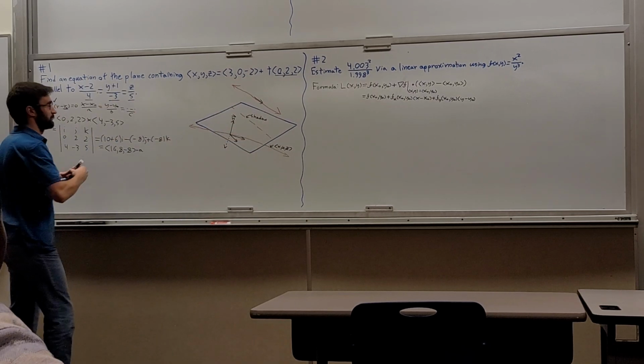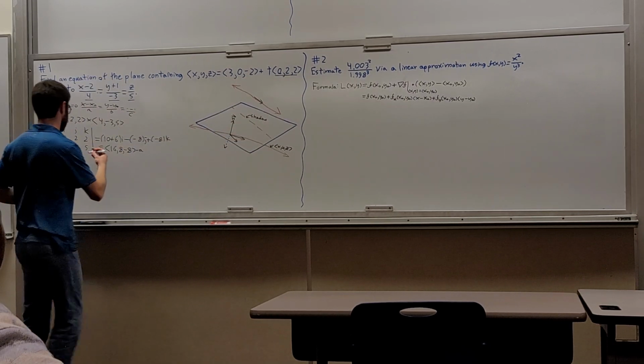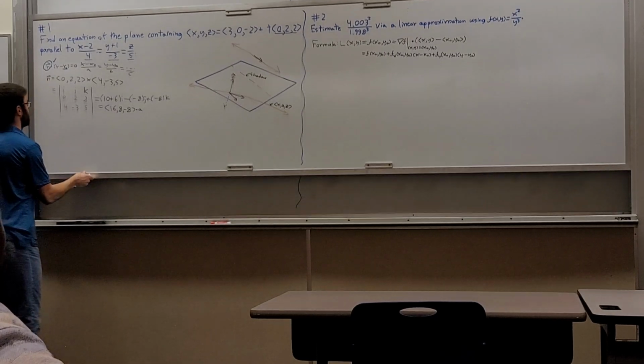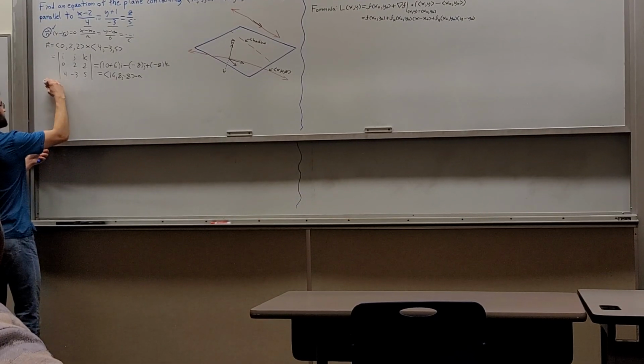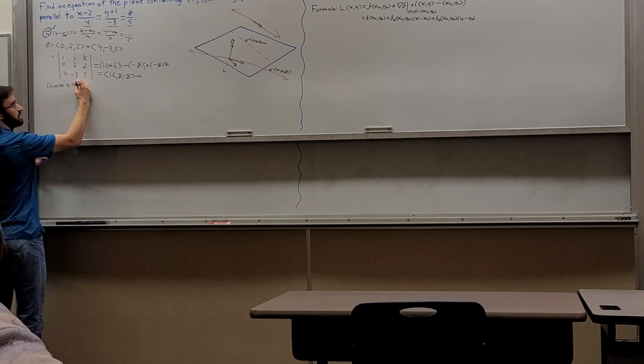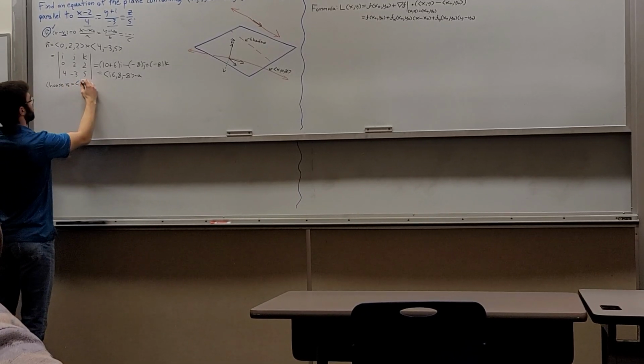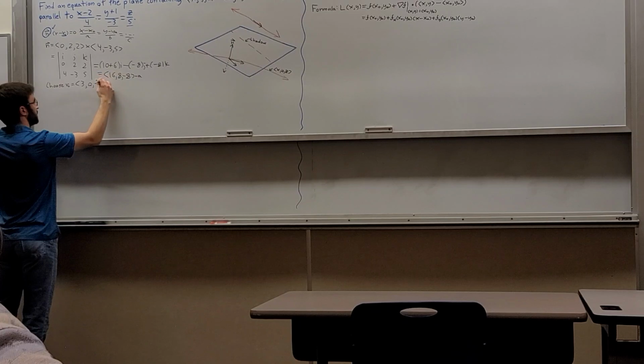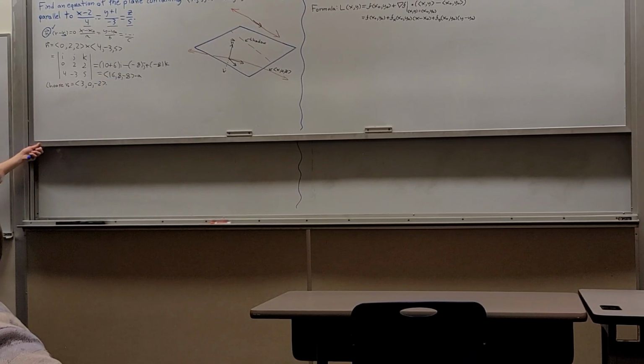So we will just go ahead and select 3, 0, minus 2 to be R naught. We'll just write that. Use R naught to be 3, 0, minus 2. So now we have everything we need.